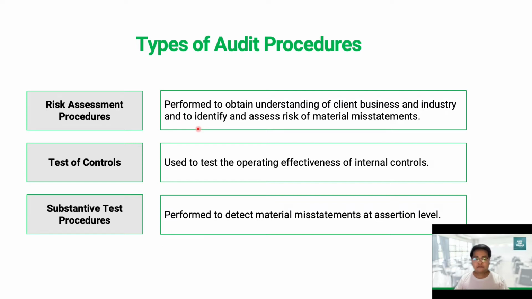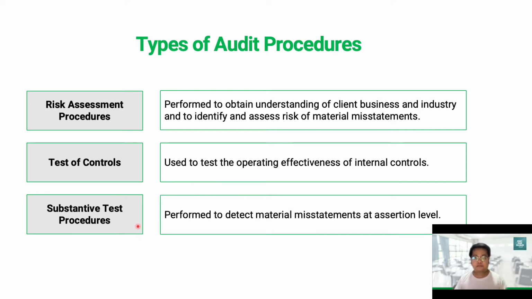Then we also have further audit procedures, consisting of, number one, test of controls. Test of controls are performed by the auditor to test the operating effectiveness of internal controls, especially if we plan to rely on the internal controls of our client.